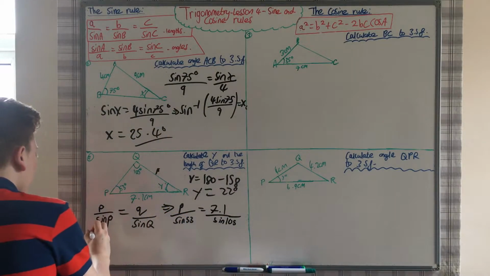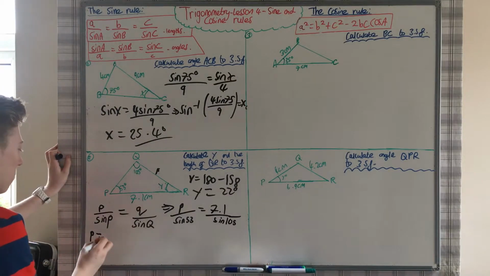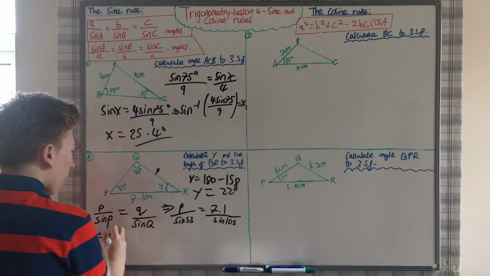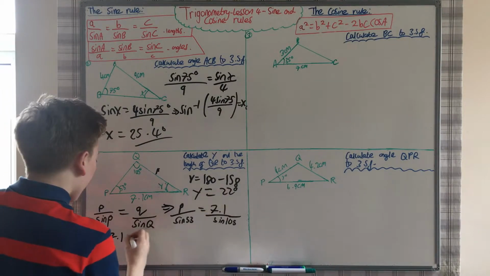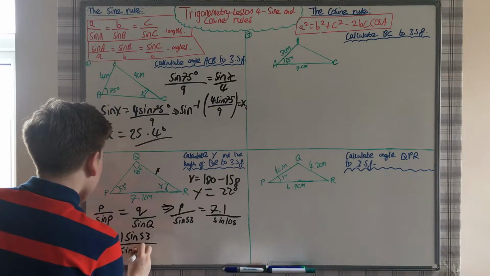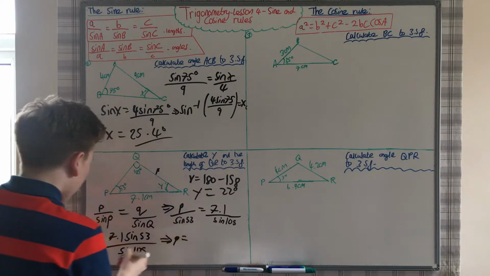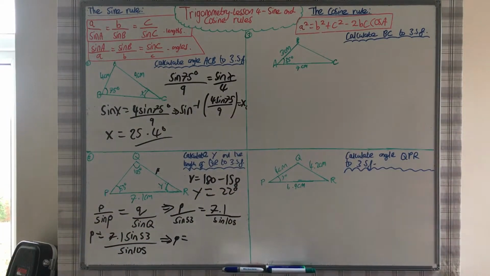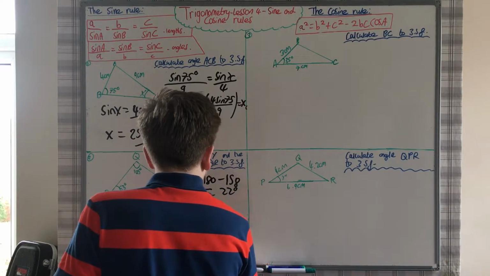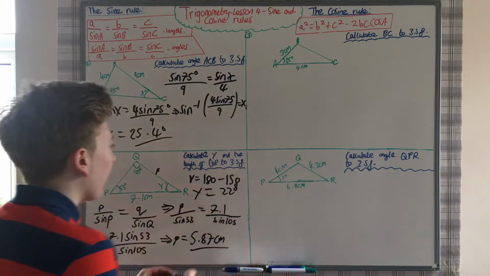Now we rearrange this for p, so we get p is equal to 7.1 multiplied by sine 53 divided by sine 105, and so p is going to equal 5.87 centimetres. Remember the unit is centimetres here, and that's to three significant figures.